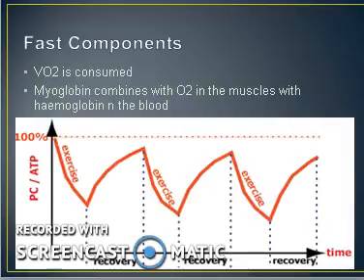But it can be quite quick sometimes: to recover ATP-PC 50%, it only takes 30 seconds, which is very quick. And to recover 75%, it's only a minute, so you can recover most of it very quickly. It's just the last little bit which takes quite a while to recover.